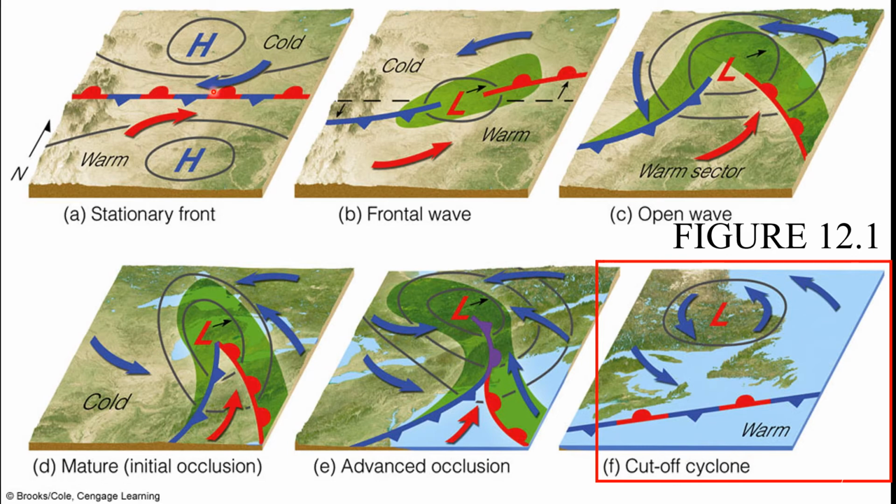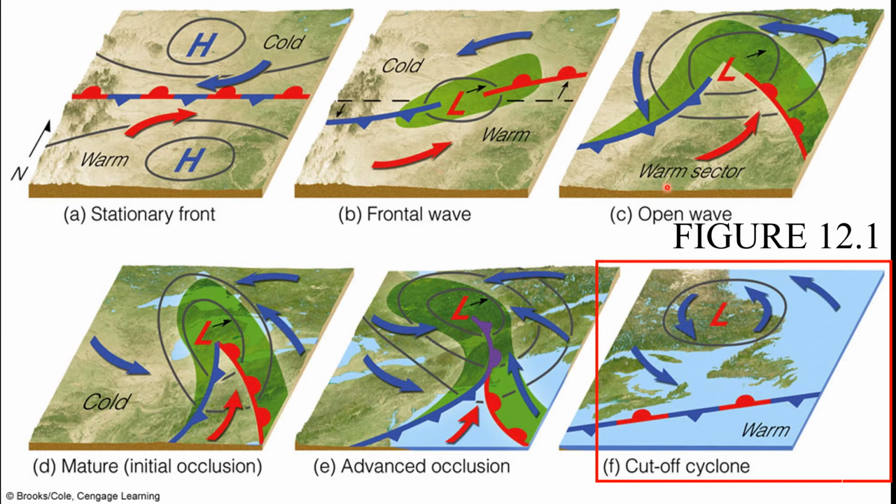First, the stationary front happens when we have a trough and on both sides a high pressure system. Then a frontal wave happens because the cold front moves southward and the warm front northward, and here you have a steering low pressure with some precipitation.